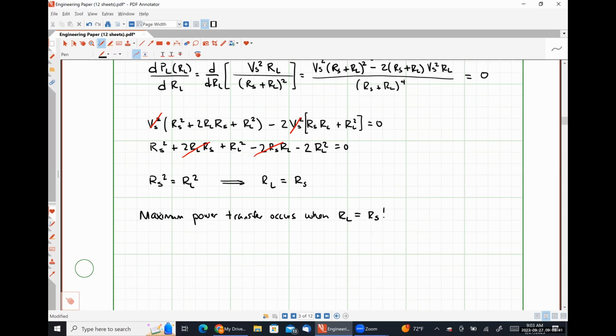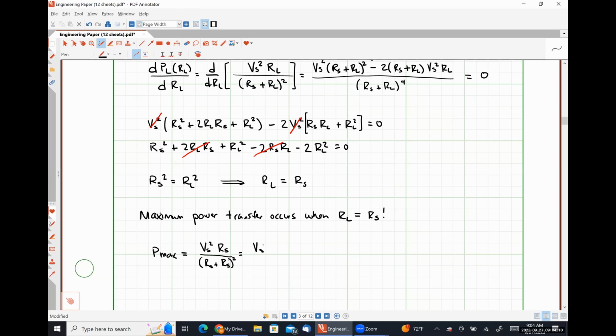So if we evaluate our power expression at RL exactly equal to Rs, we can find the maximum power that can be delivered by a practical voltage source, so that's going to be Vs squared times Rs divided by Rs plus Rs quantity squared.